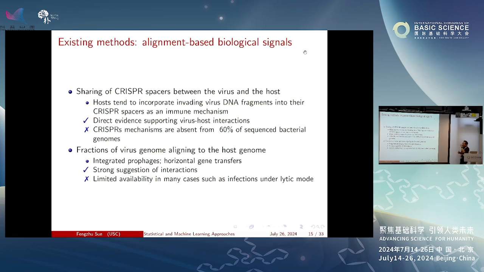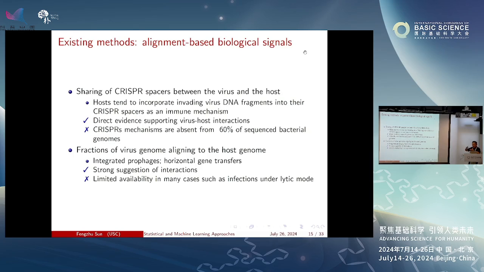So that's one. The other information is the so-called alignment. So the alignment between the host genome and the virus. So what does it mean? It's when you do some local sequence alignment between the virus and the host.